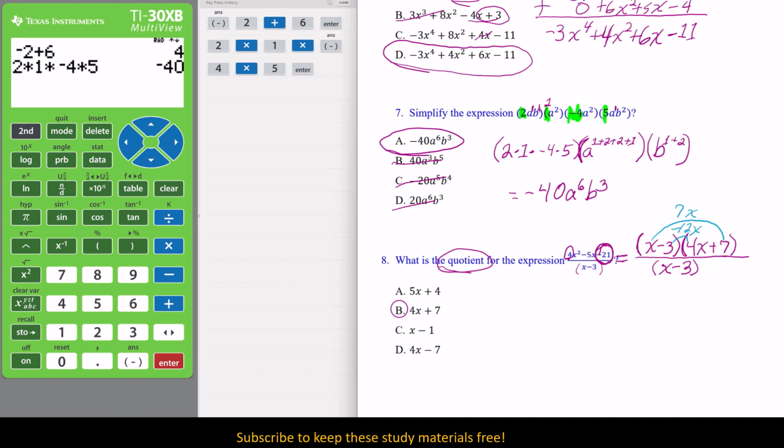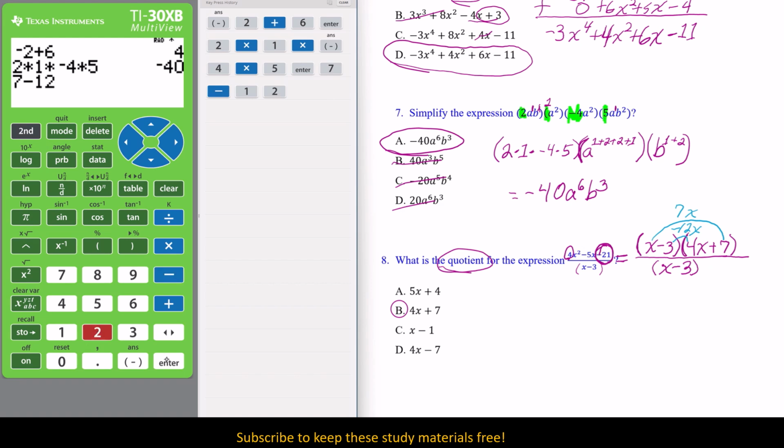Well, 7 minus 12 is -5, and we have that in the middle, a -5x. Now, can we cancel? Yes, we set it up suspicious that we could cancel. So if we cancel, we have 4x plus 7 would be the quotient that we're looking for.